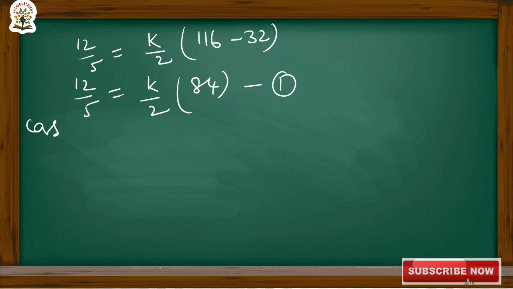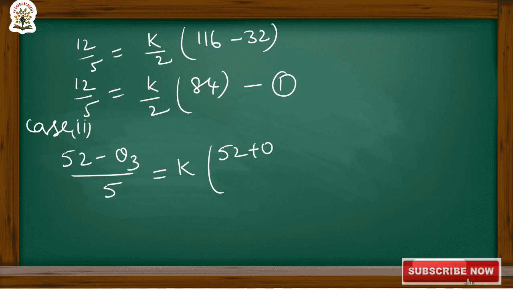Now we will write case 2. From Newton's law of cooling, (52 minus theta 3) by 5 is equals to k of ((52 plus theta 3) by 2 minus temperature of surrounding, they have given 16).